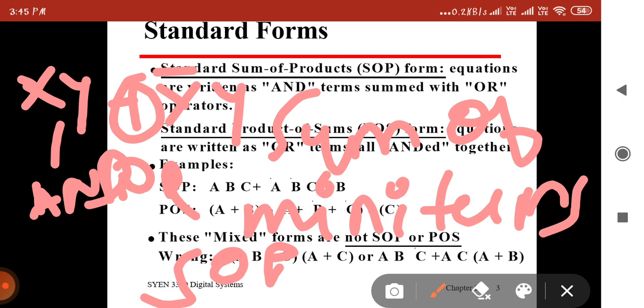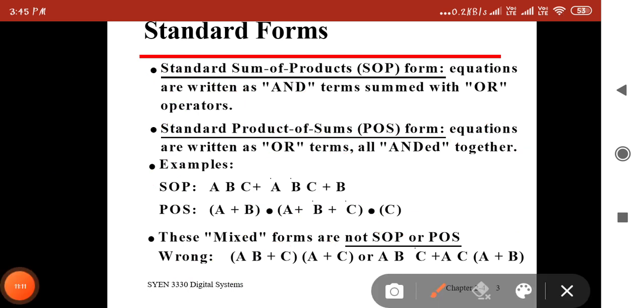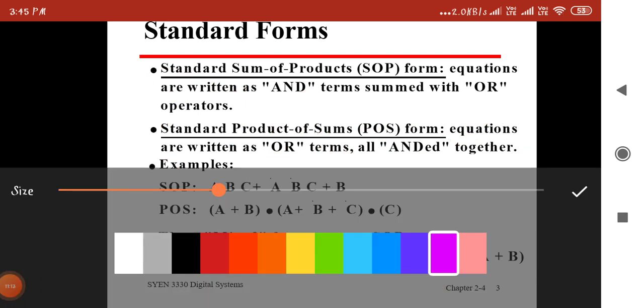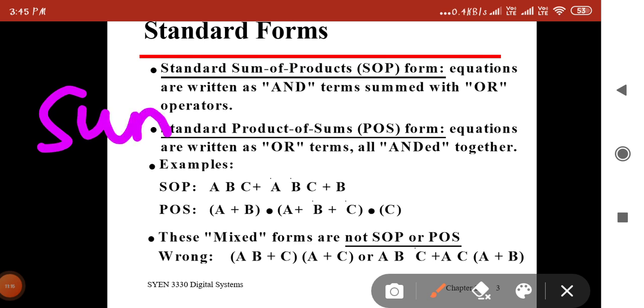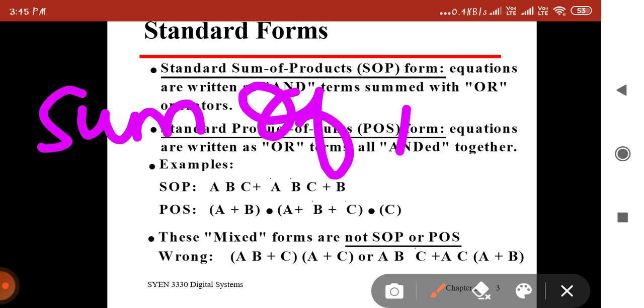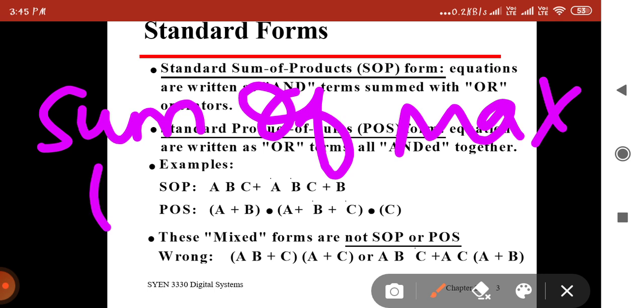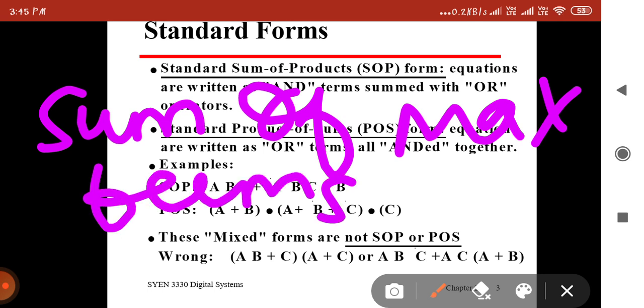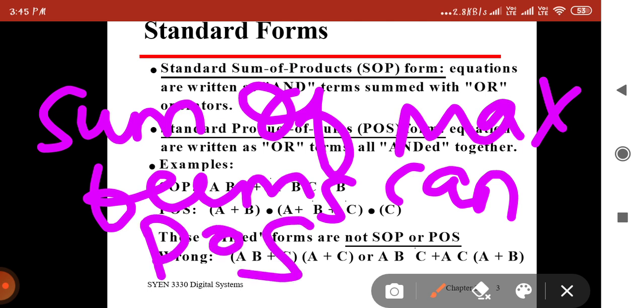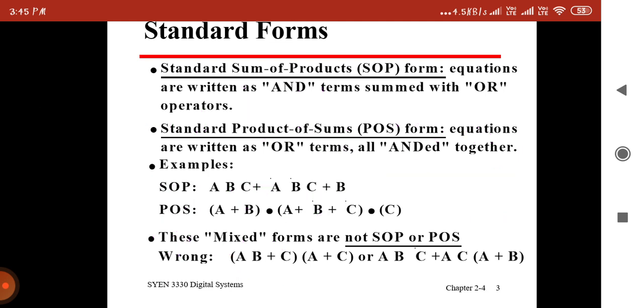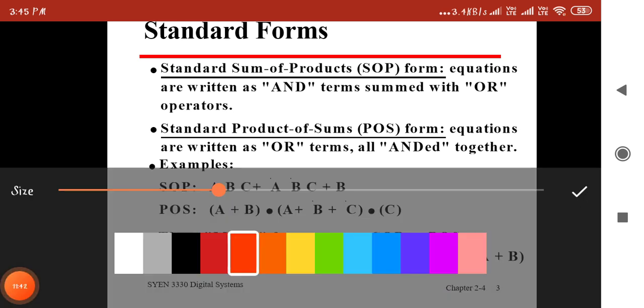Yes, next, sum of max terms can be called POS. Yes, this is the way to understand the POS and the SOP.